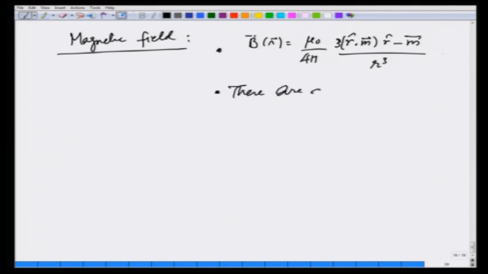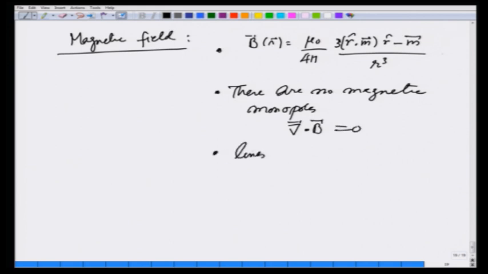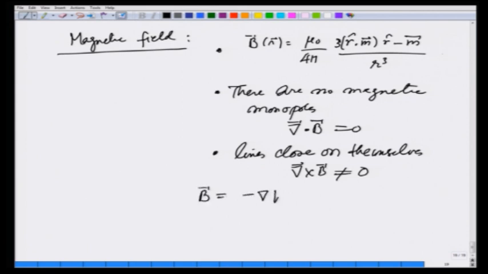There are no magnetic monopoles, and therefore, divergence of B is 0, lines close on themselves, therefore, curl of B is not equal to 0. That means, I also cannot write B as minus grad some V magnetic, I cannot do that.